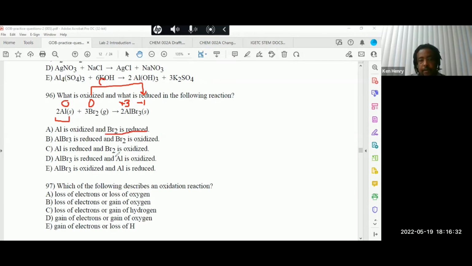So that means we can get rid of B and C. Technically, you can get rid of D and E. Now the aluminum is going from 0 to a +3.